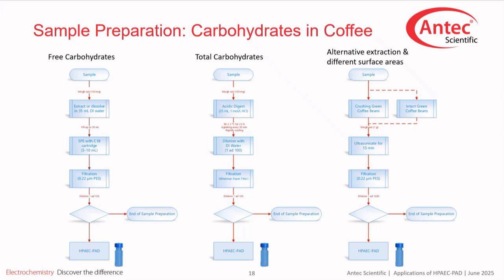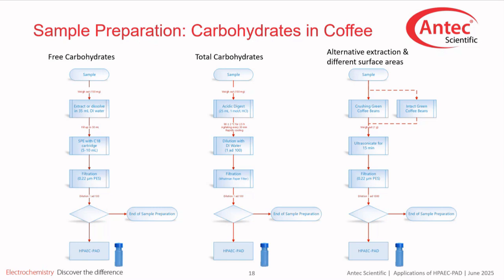So, HPAEC-PAD effectively assesses the quality of both the coffee beans and instant coffee. The corresponding AOAC and ISO methods detail the chromatographic quantification, allowing a maximum carbohydrate content of about 2.5% of glucose and 0.5% of xylose.